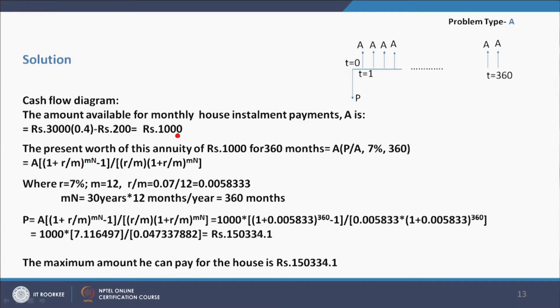So, this comes out to be 1,000. So, at the max he can pay rupees 1,000 per month for 360 months.